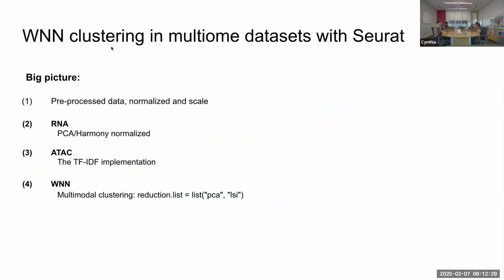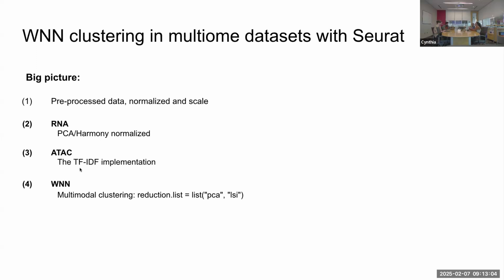In the weighted nearest network clustering, using this kind of data with scRNA, the big picture is that first we pre-process the data. It means that we count the data and then we apply normalization and scale the data. The RNA data and the ATAC data are prepared separately. For RNA data, we apply dimensionality reduction and we can make some data correction.